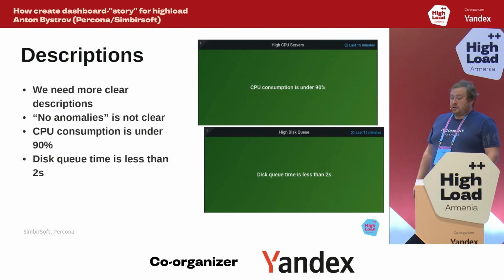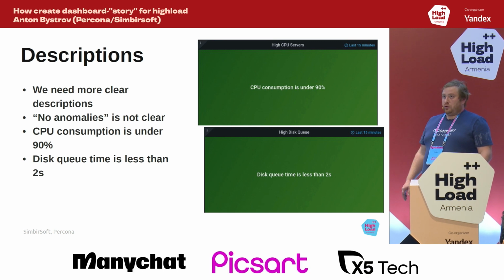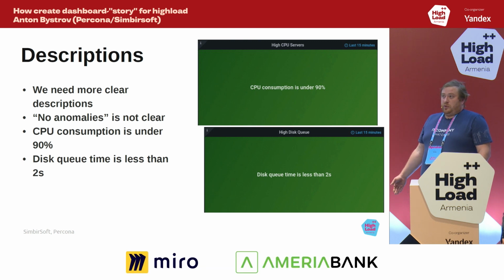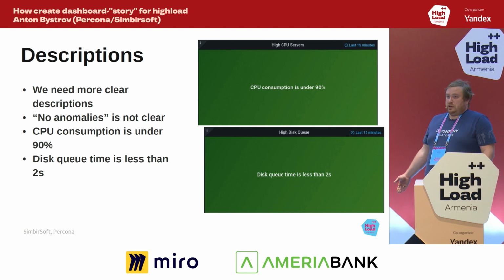We added some descriptions and added some colors, because the description "no anomalies" is not clear. What does it mean, no anomalies? For one person, no anomalies maybe means CPU is less than 70%. For another, maybe less than 80%.